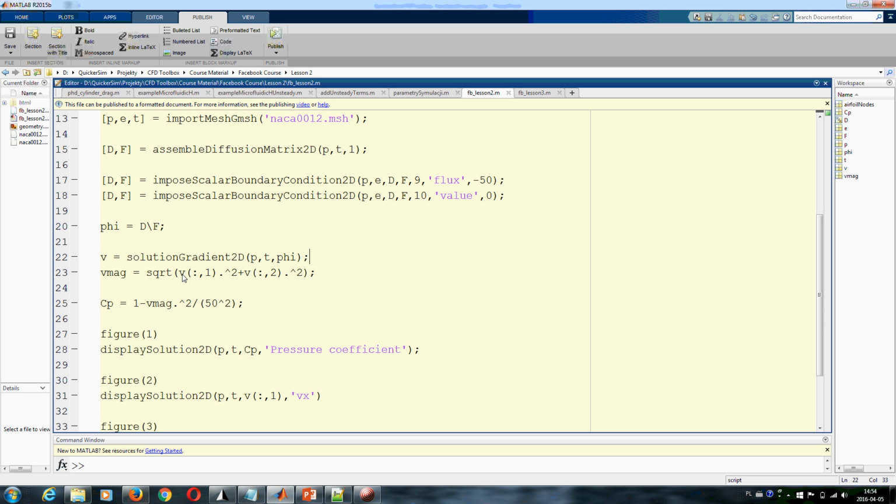So basically you take the square of vx plus square of vy and take the square root. This gives you velocity magnitude.